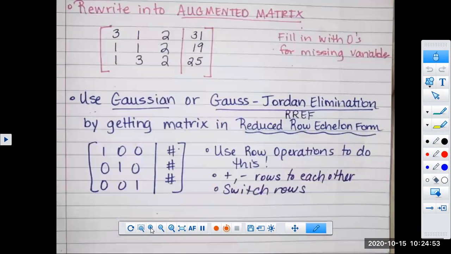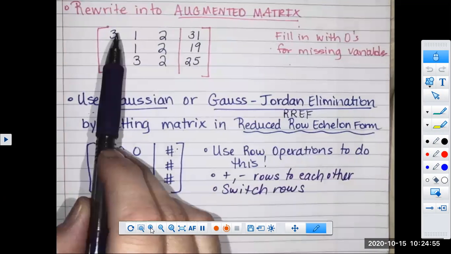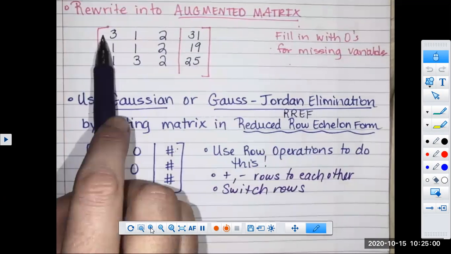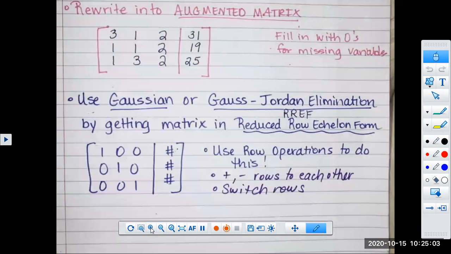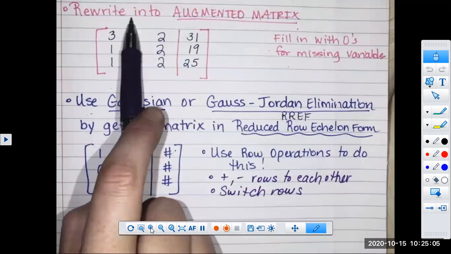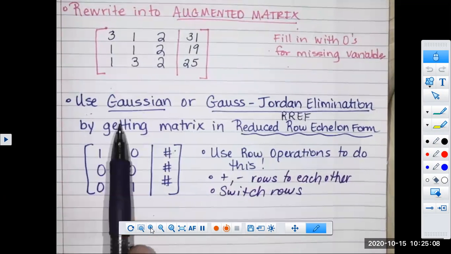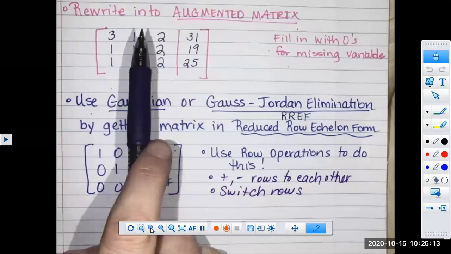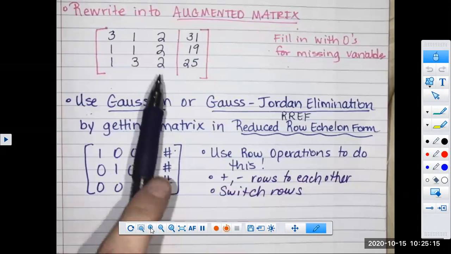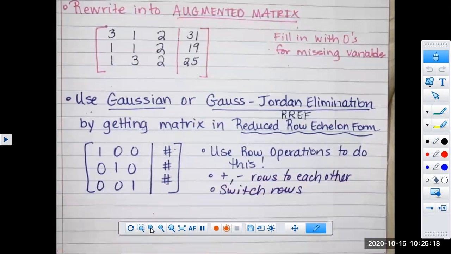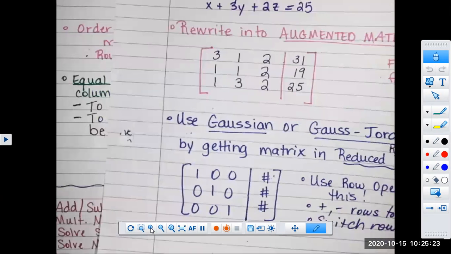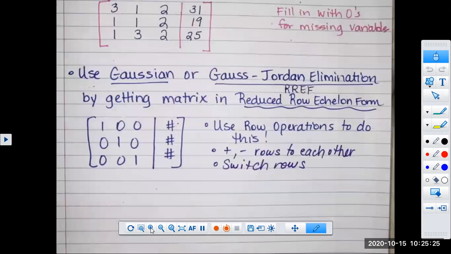Our goal is to start in this first column and make this number become 1 and these numbers become 0. Then you move on to your second column and make the middle number become 1, which it already is, and then make these two numbers 0, and then move on to the last column and so on. All right, so let's do one by hand, and then I'll show you how to use the calculator online to solve it.